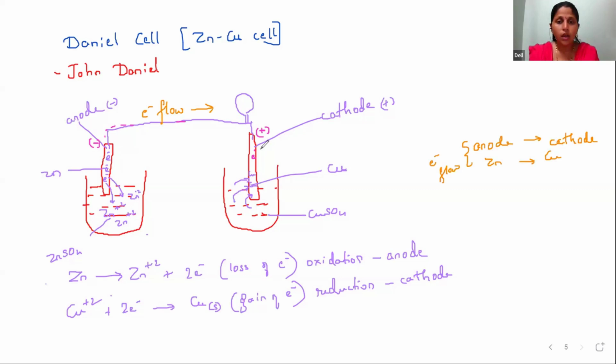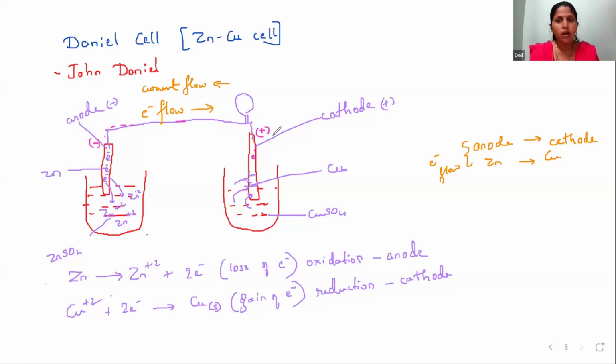How will be the flow of current? With the flow of electrons, there will be electric current. So how will be the flow of current? So current flow will be in the direction opposite to flow of electrons. That is by nature, we know it in physics. Yes or no? So here electron flow is from anode to cathode, that is from zinc to copper.